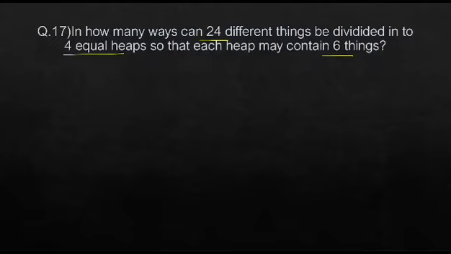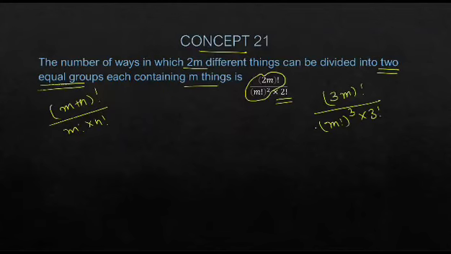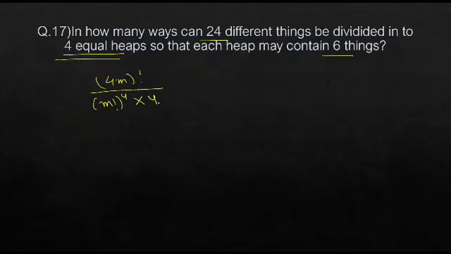Now we need 4 equal heaps and each heap should have 6 things. So here it will be 4m factorial over m factorial raised to the power 4, as we have in this formula, into 4 factorial because of the equal distribution of equal things.